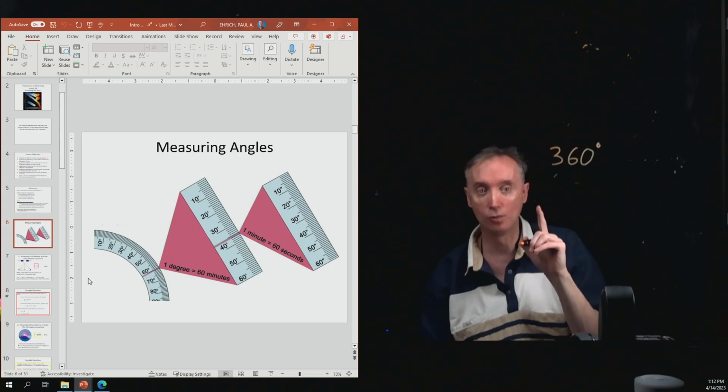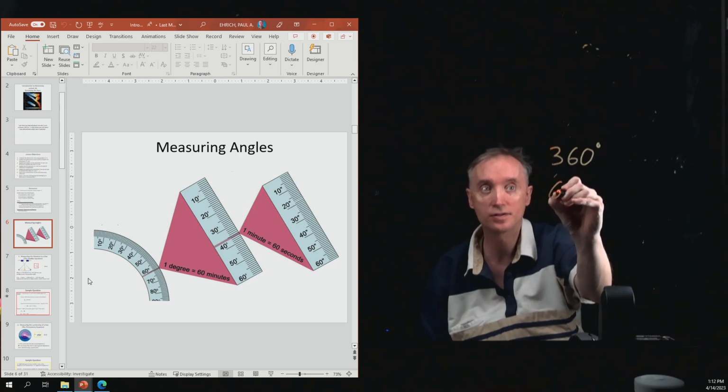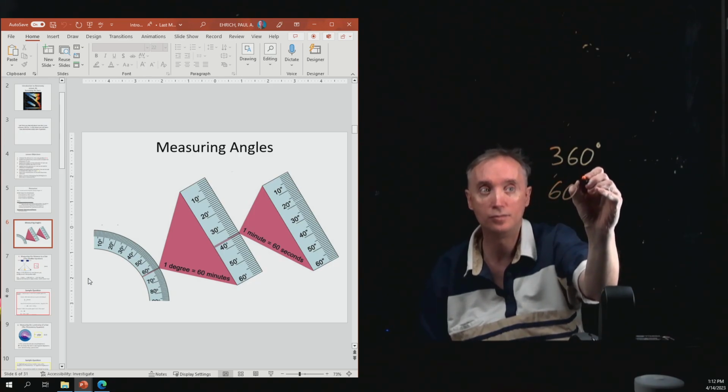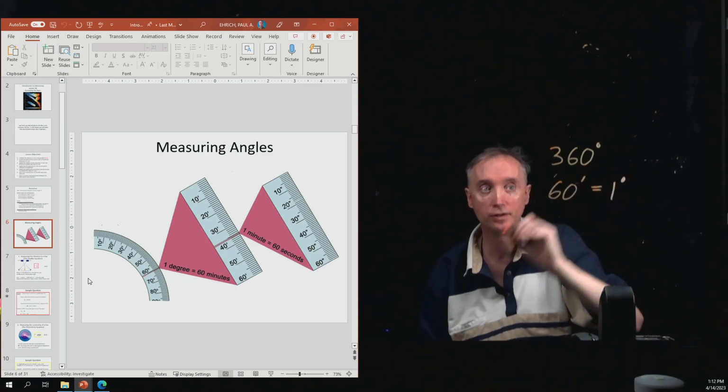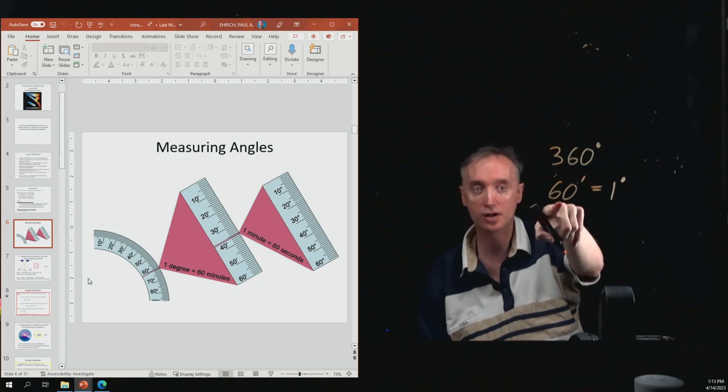Now, if you take 1 degree and you chop it up into 60 pieces, then that is going to be called an arc minute. So there are 60 arc minutes inside of 1 degree. And then if you were to take one of these and chop it up into 60 pieces, those are going to be called arc seconds.